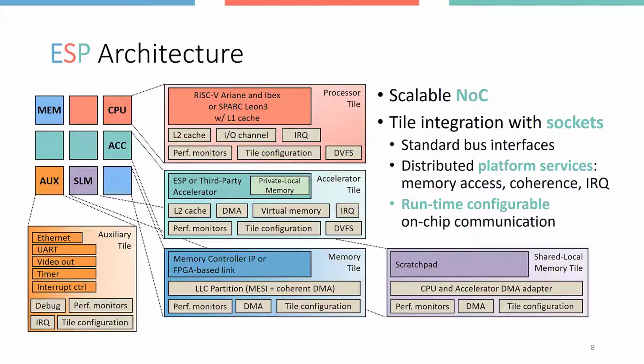And sockets don't just provide an interface to the network on chip, but they also, and this is very important, provide a variety of so-called platform services. So for instance, among the platform services is how you configure accelerators, how you access the memory hierarchy, how you manage coherence, how you manage interrupt requests, and so forth, and how you manage, for certain systems, the dynamic scaling of frequency and voltage.